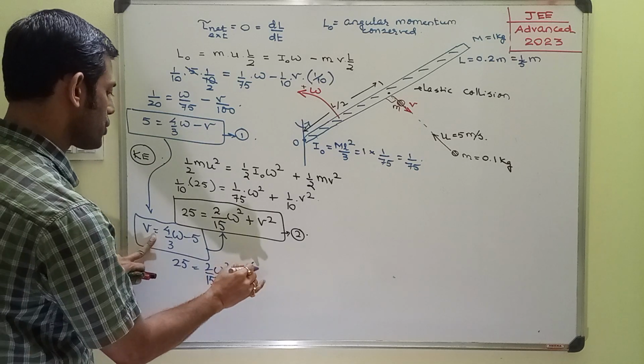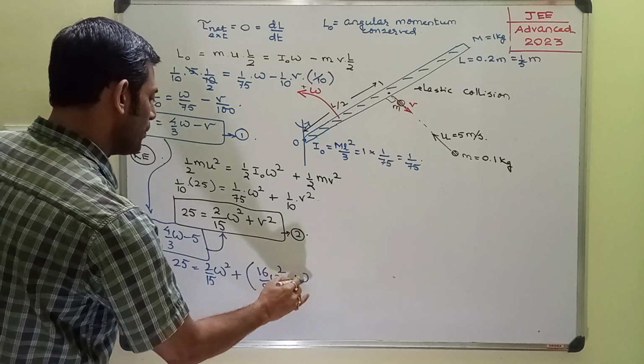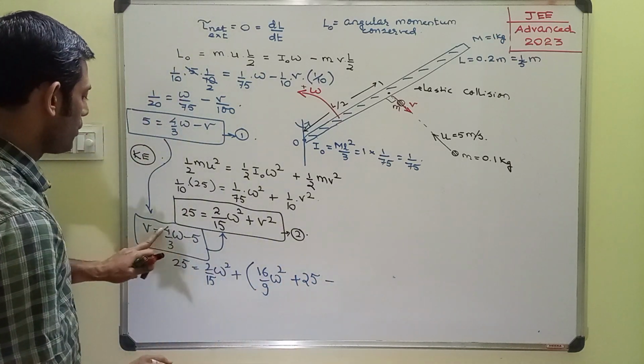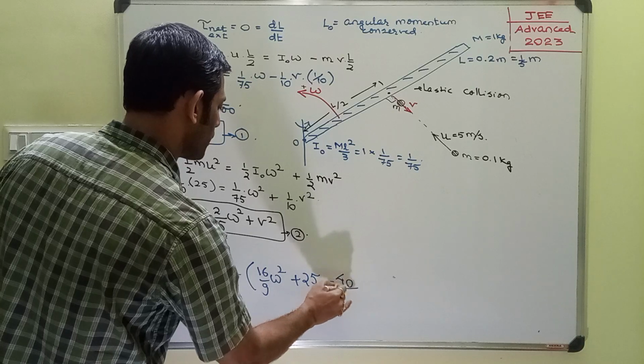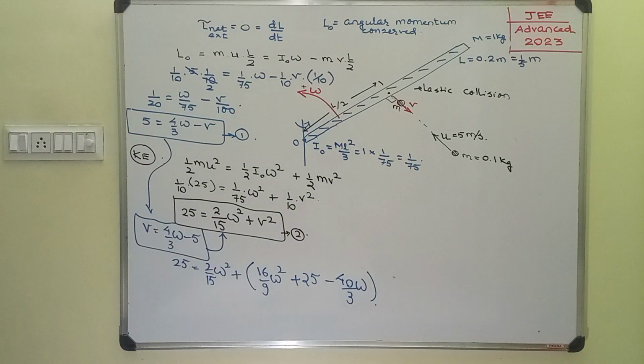V square would give us 16 by 9 omega square plus 25 minus 40 by 3 omega. This is what we will get.